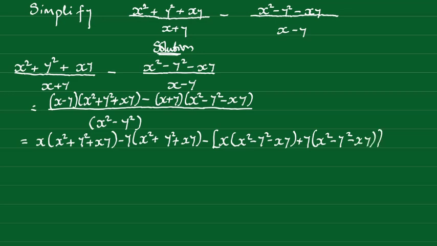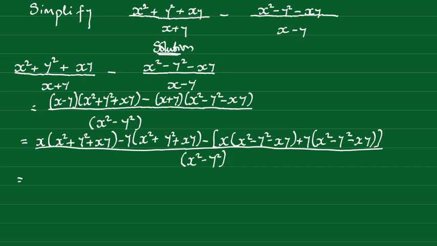All brackets are closed. Draw a line. Copy out our denominator, (x squared minus y squared). Now we'll proceed with our multiplication.